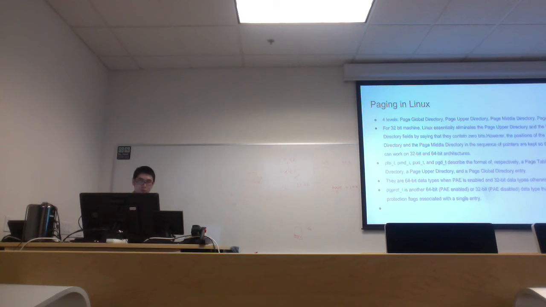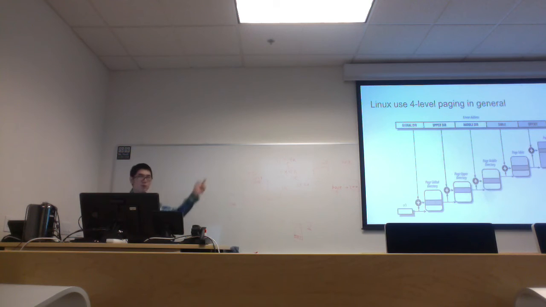For 32-bit machines, you only need 2 levels. How can you afford the 4-level to 2-level? I'm wondering how to fold the 4-level to 2-level. Actually, it's easy. Just say the upper directory occupies 0 bits, and the middle directory occupies 0 bits.